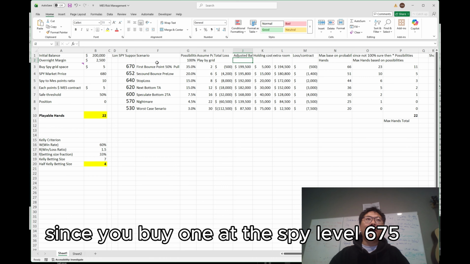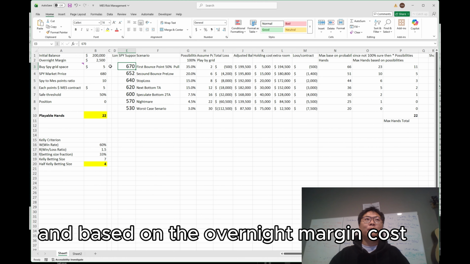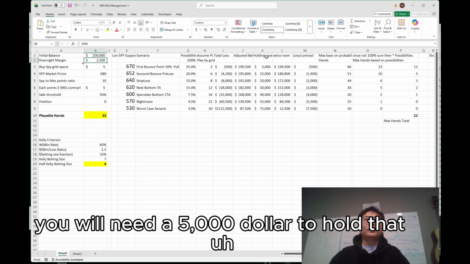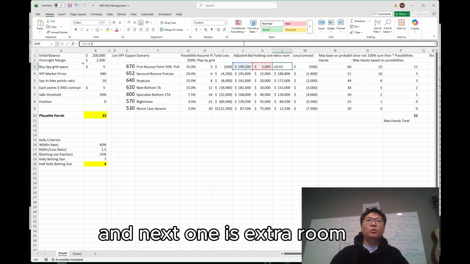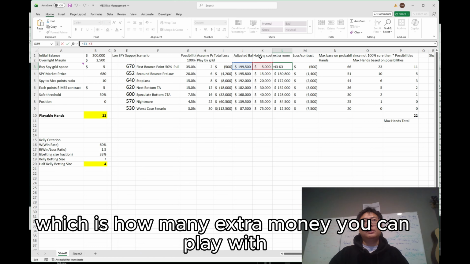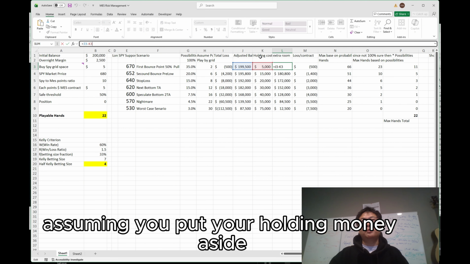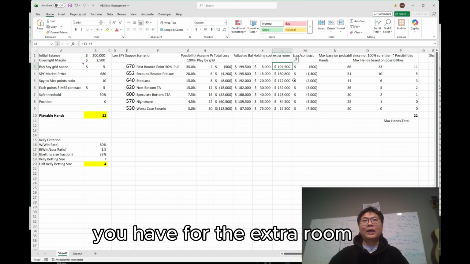Since you buy one at the SPY level 675 and another at 670, you have two positions, and based on the overnight margin cost, for two positions you'll need $5,000 to hold the contracts. The next one is actual room, which is adjusted balance minus the holding cost. That's how much actual money you can play with, assuming you put your holding money aside.